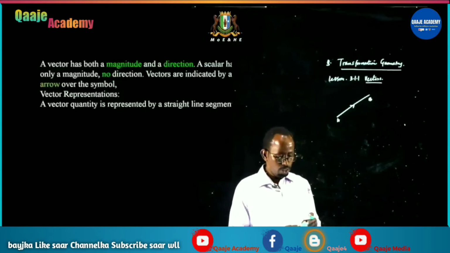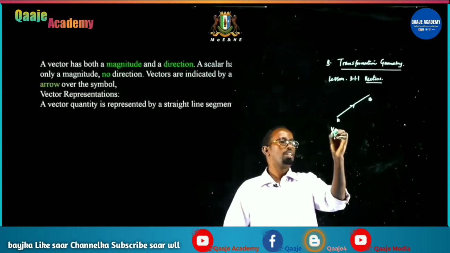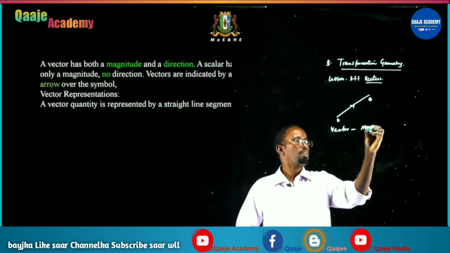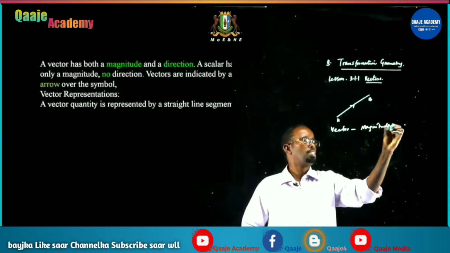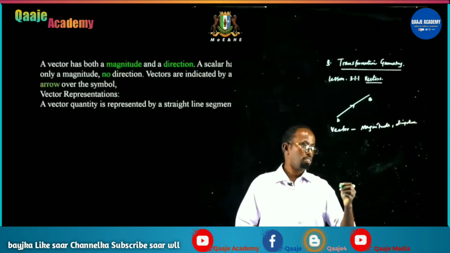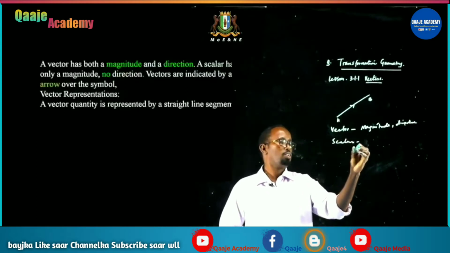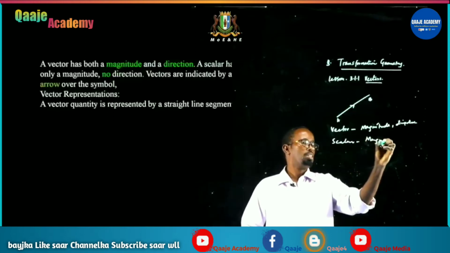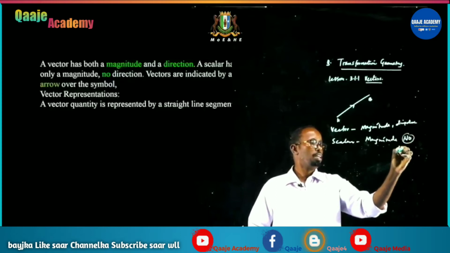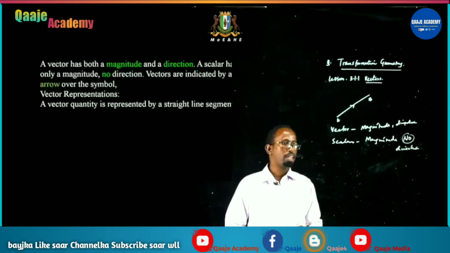Now the difference between a vector and a scalar quantity: a vector quantity has magnitude plus direction, whereas a scalar has only magnitude but no direction.